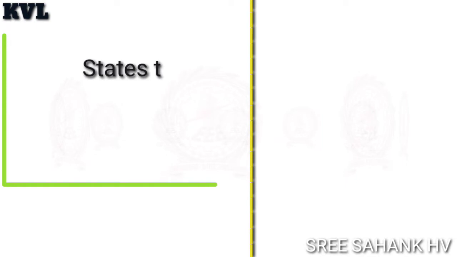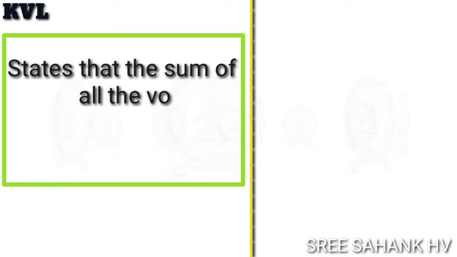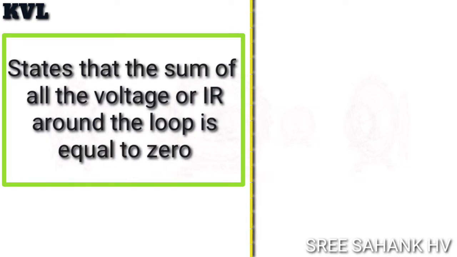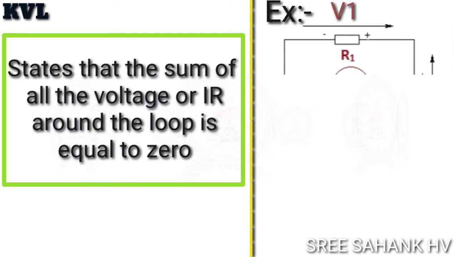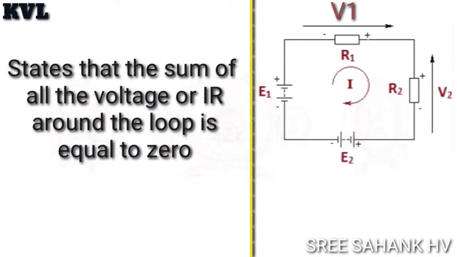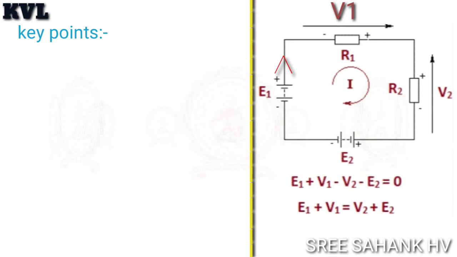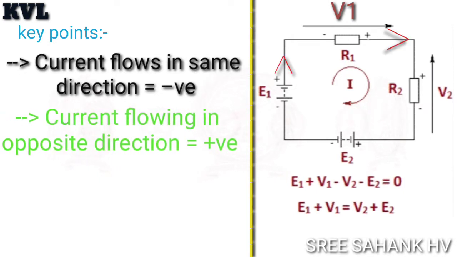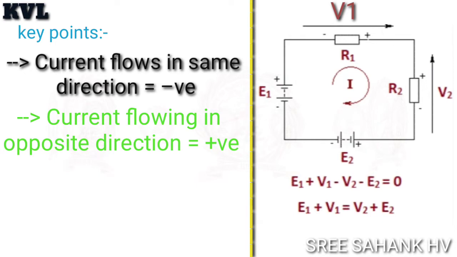Next is KVL. KVL states that the sum of all the voltages or IR drops around a loop is equal to 0. Here is an example. The key point is: if current flows in the same direction, we take negative. If current is flowing in the opposite direction, we take positive.